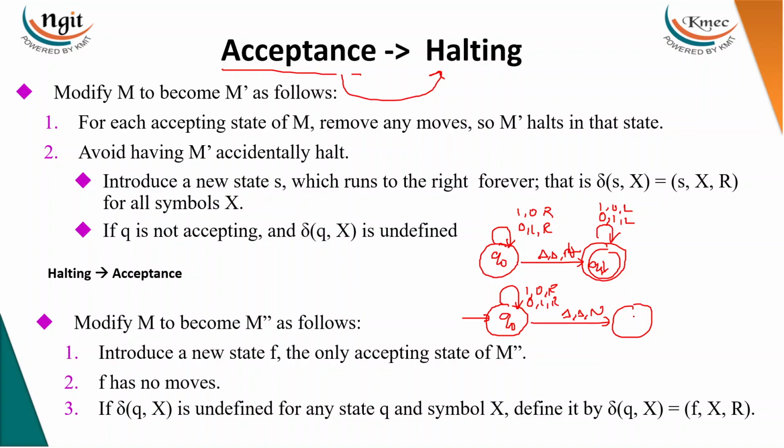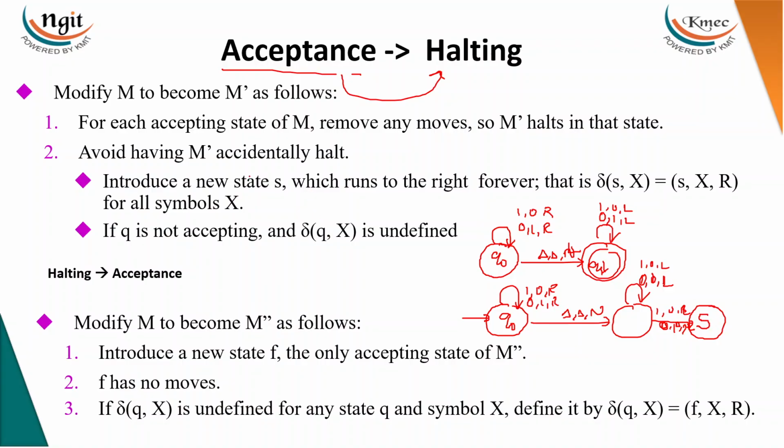So introduce a new state S so that it does not stop here, and take all the movements as they are, 0 1, 1 0, left and so on. Then from the earlier final state to the new state, make moves for all the input symbols, like 1 0 L, 0 1 L, so that you read as many symbols as you want, and if you want to halt, you can come back to S and halt here. That's how it is going to be.